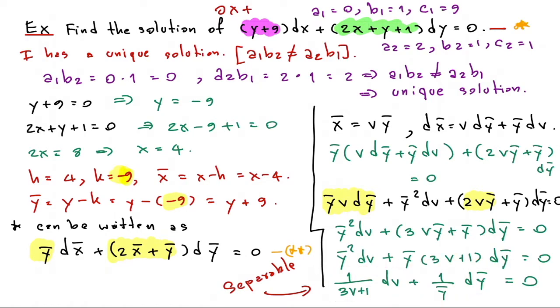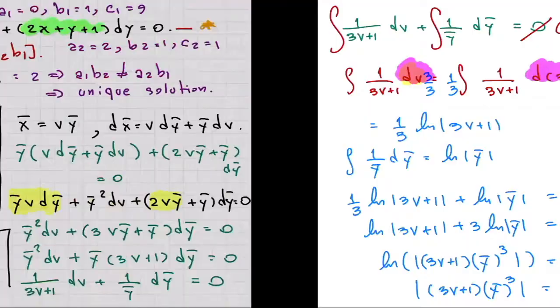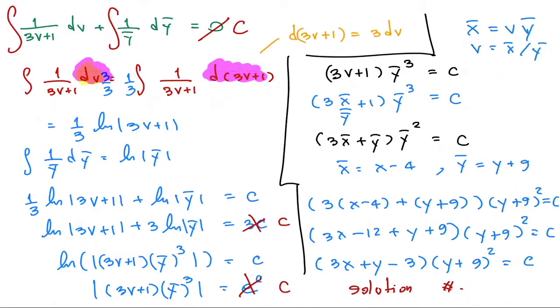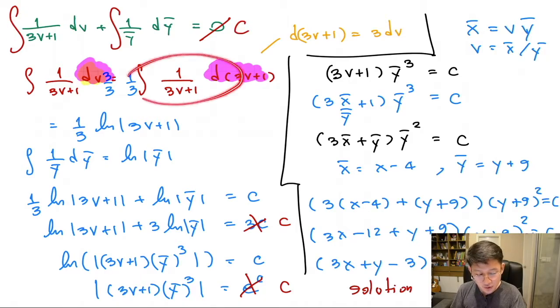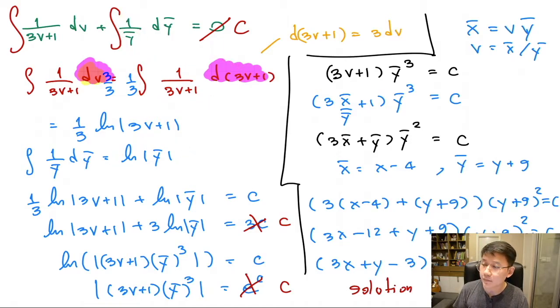Then if it's separable, we integrate throughout the equation, and this becomes c. The integral of this is this, and the integral of this is this.